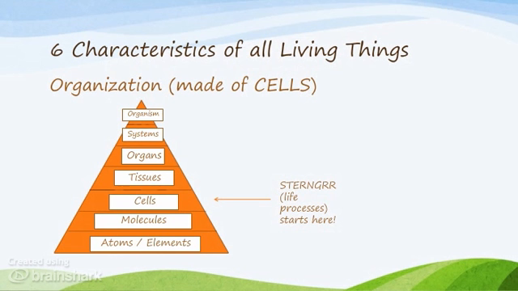These systems then combine to make up an organism. Organism is at the top of the pyramid. You are an organism. A tree is an organism. A bacteria is an organism. Any living thing is called an organism.